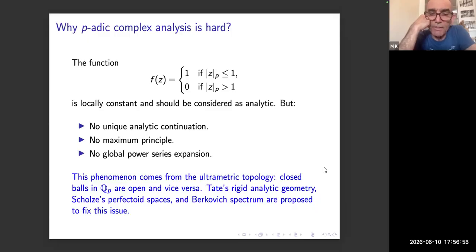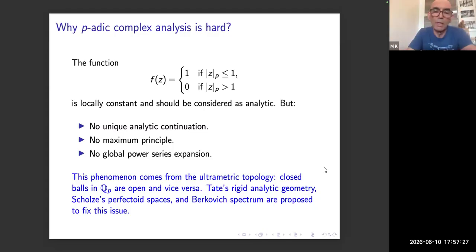But then there is Berkovich in 1980, I believe, with this Berkovich spectrum, which I will talk about, which is a proposal to fix this issue. So basically now the plan is how we can add points to CP to turn it into a really nice space, very nice space, actually.